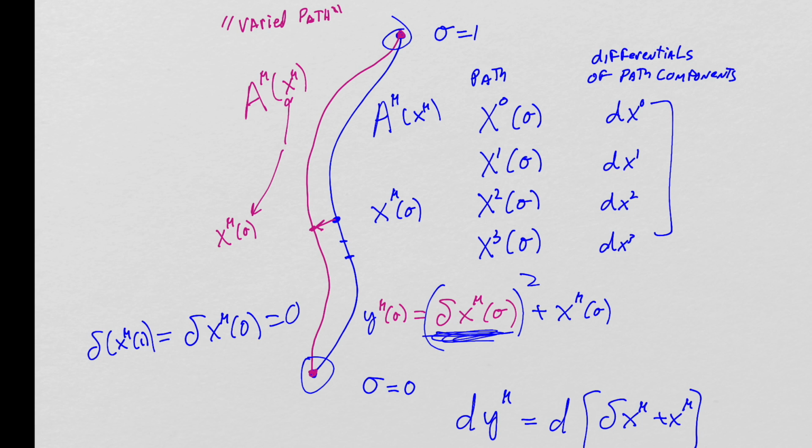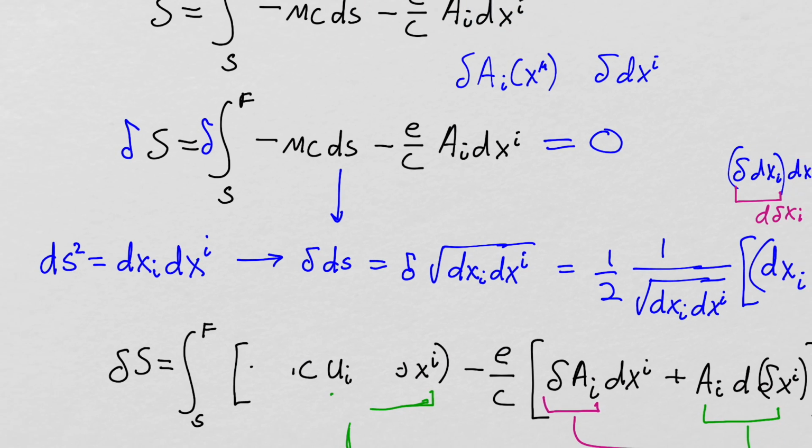That's a difference, right? So for some value of the path parameter, you're going to have two different values for the field. And this difference is the variation of A_mu. That's what we mean by the variation of A_mu. It's driven by the fact that we varied the path, and we're going to reflect that in our calculation.